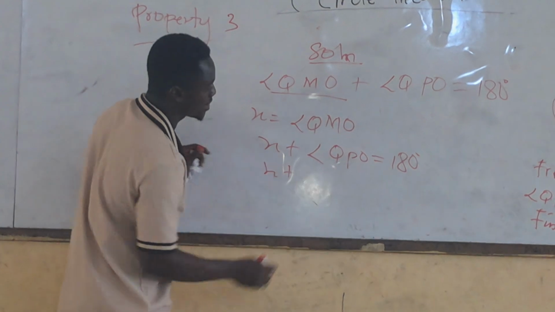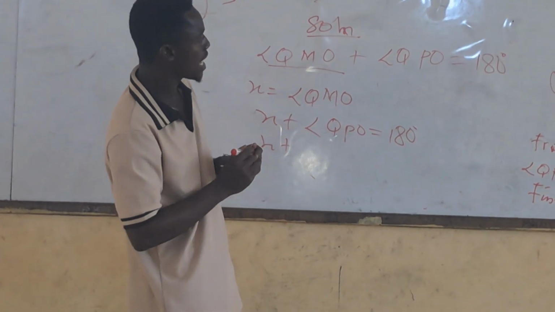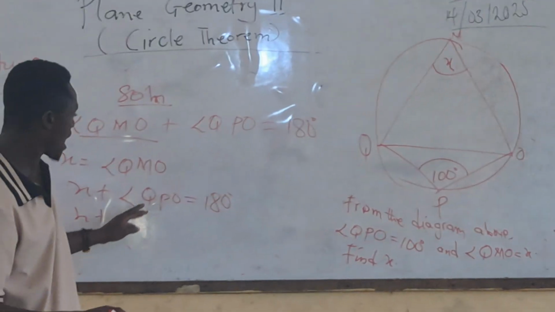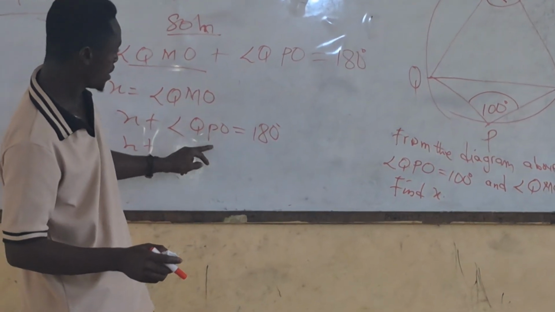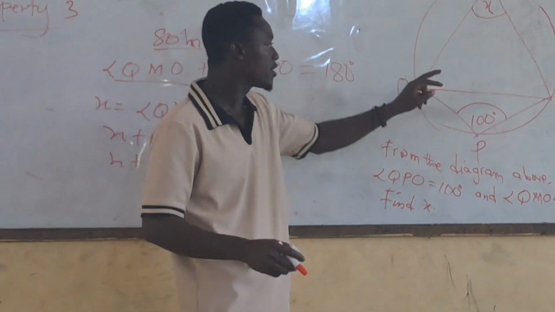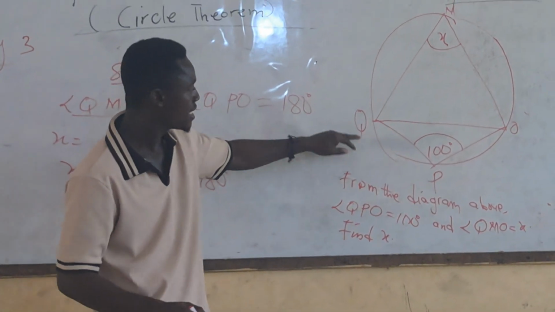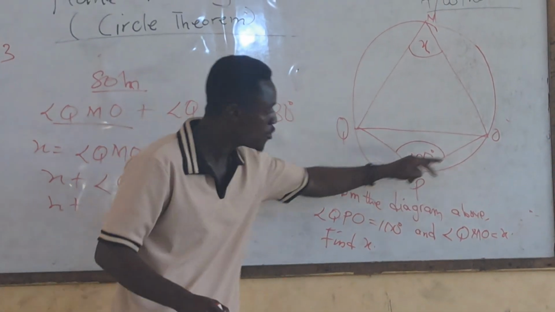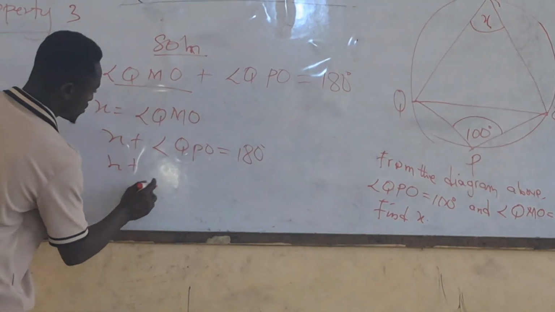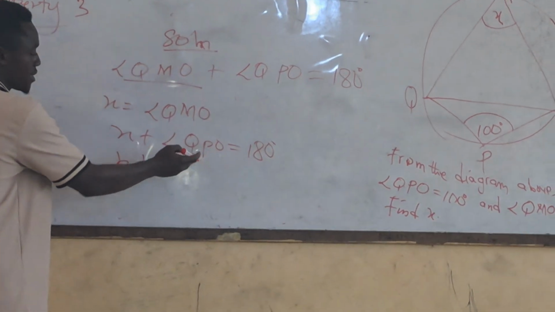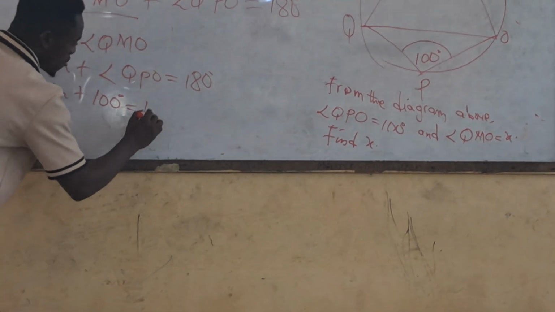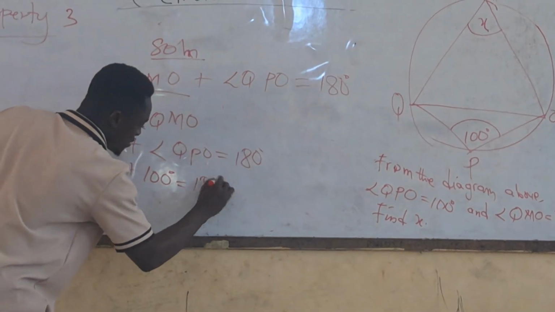So let's go back to the diagram. You can see from the question or the diagram that angle QPO is equal to 100 degrees, so we can replace that. So x plus 100 degrees equals 180 degrees.